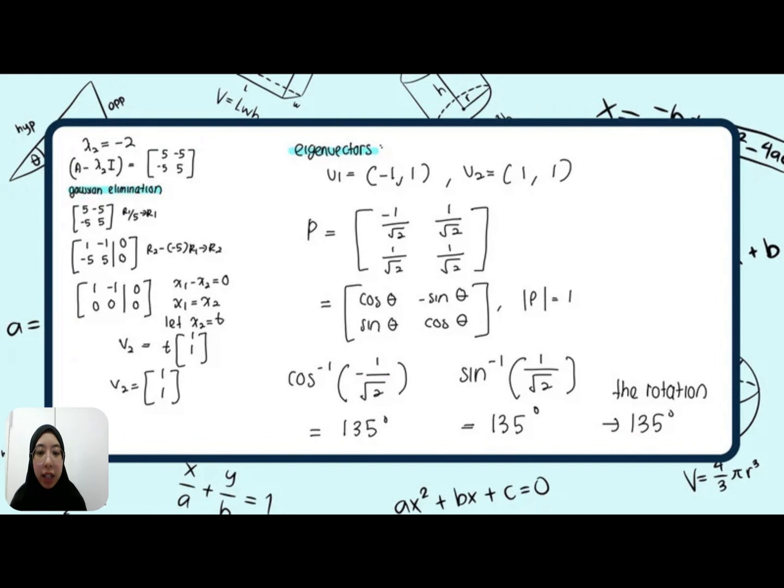After we get these eigenvectors, (-1, 1) and (1, 1), you need to normalize them to find the columns of P. Then you need to find the determinant of P, which is equal to 1. You form the matrix P as cosine, negative sine, sine, and cosine theta. From here, we get the angle, which is 135 degrees, which tells the rotation of the equation.